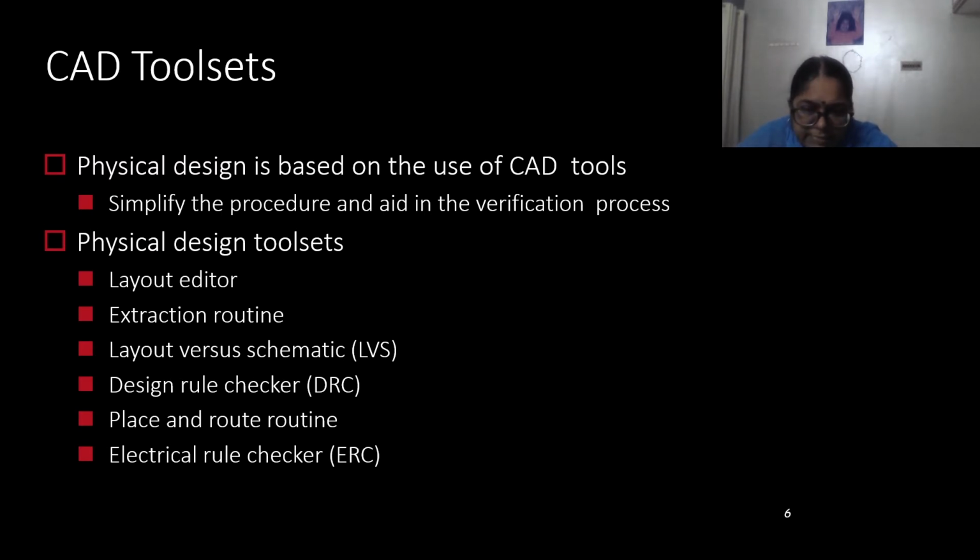Electrical rule checker is going to check whether the proper electrical connections have been made. So I hope you have understood what are the tool sets available for physical design. They are layout editor, extraction routine, layout versus schematic, design rule checker, place and route routine, and electrical rule checker.